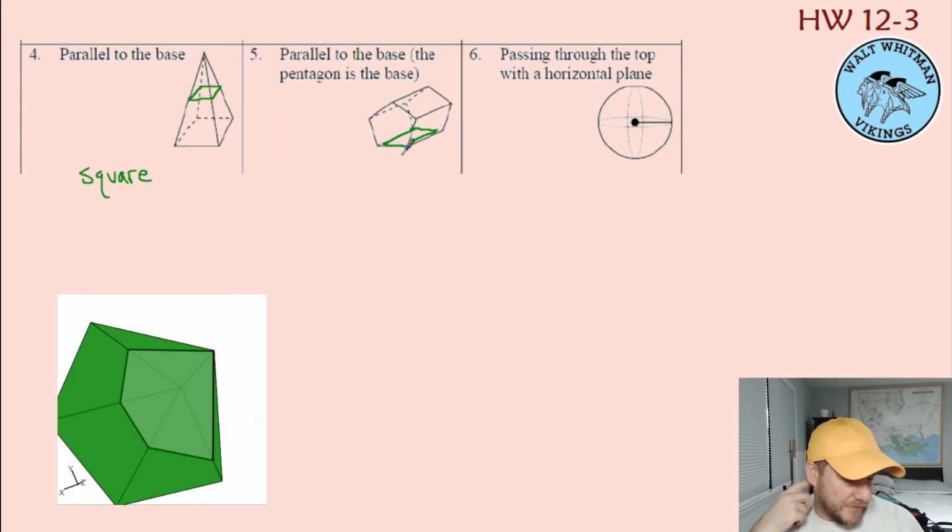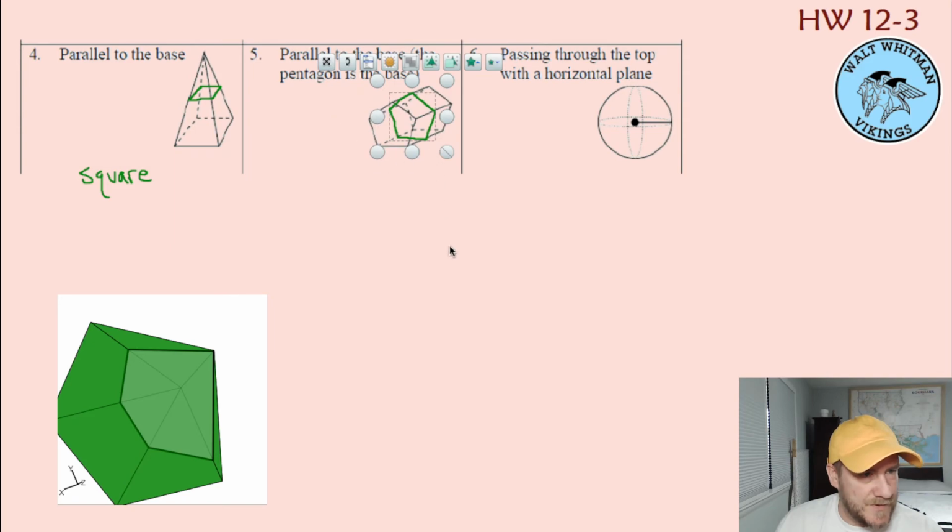The base of a prism is one of the two faces that are the same and parallel. So if this pentagon here is my base, then I need to be parallel to that base. Okay? So again, we could slide this thing back and forth. You can see that no matter where I slice, we're going to get the same shape as a pentagon.